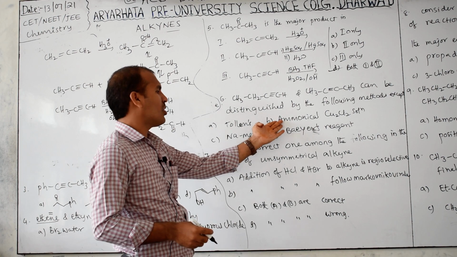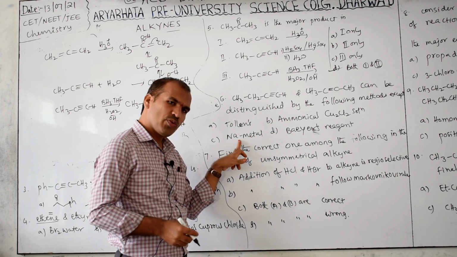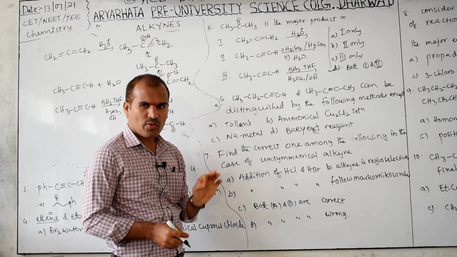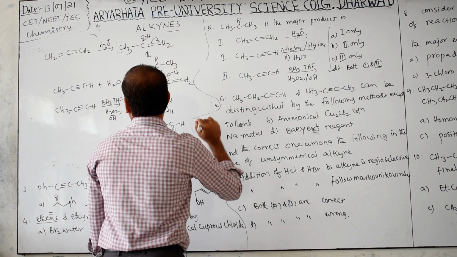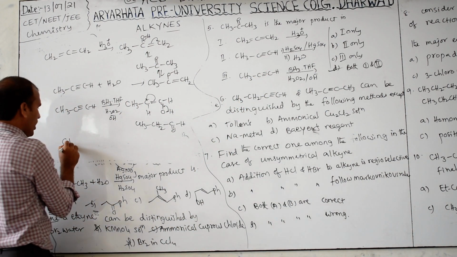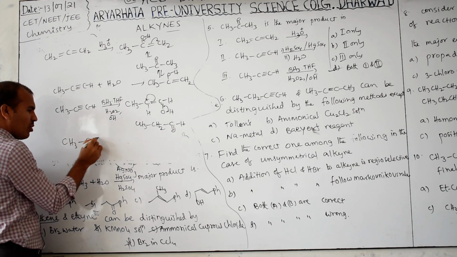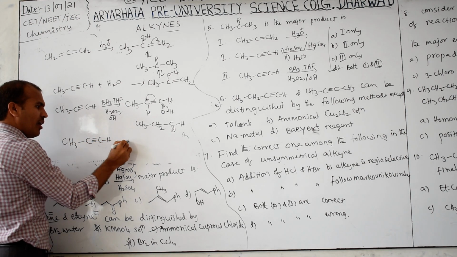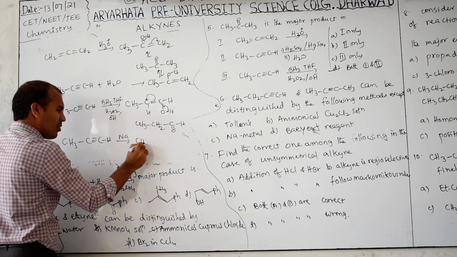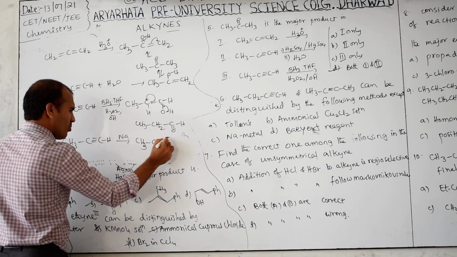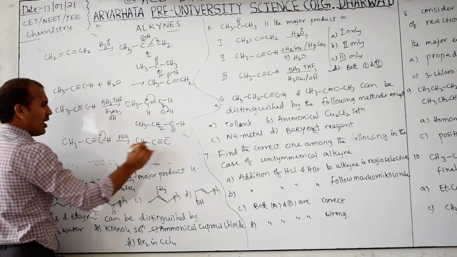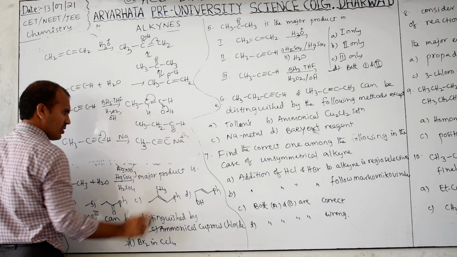Sodium metal also, because if sodium metal is there, I will write CH3C triple bond CH. If sodium metal is there, this will be converted to CH3 C triple bond C minus, and this will be Na plus.